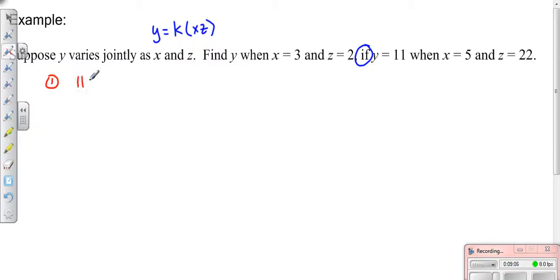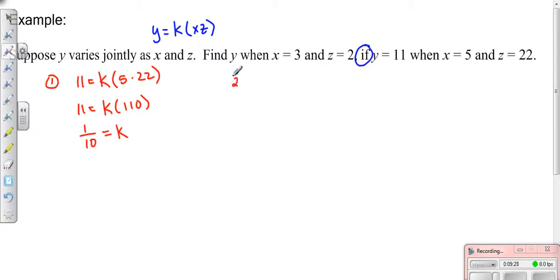Y is 11 when I don't know k, 5 times 22. So that means 11 is equal to k times 110. Divide both sides by 110, and I end up with 1/10 is equal to k.